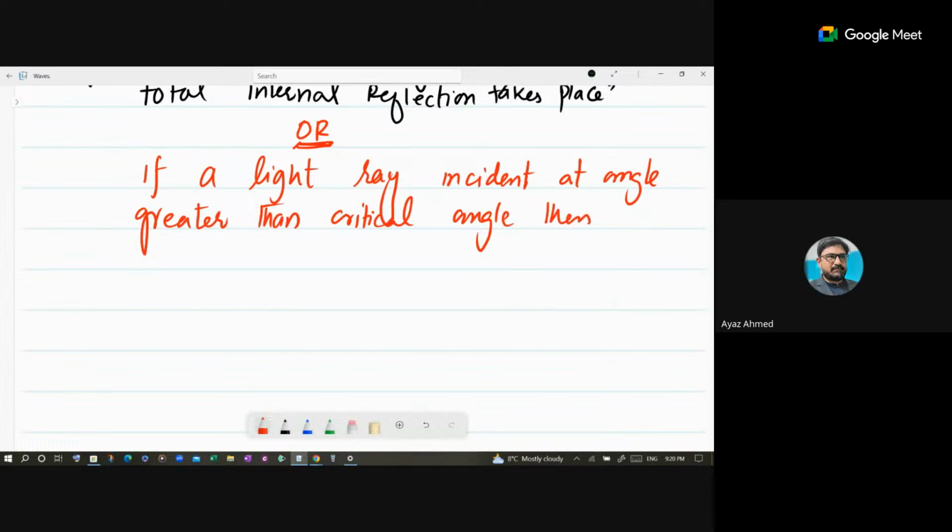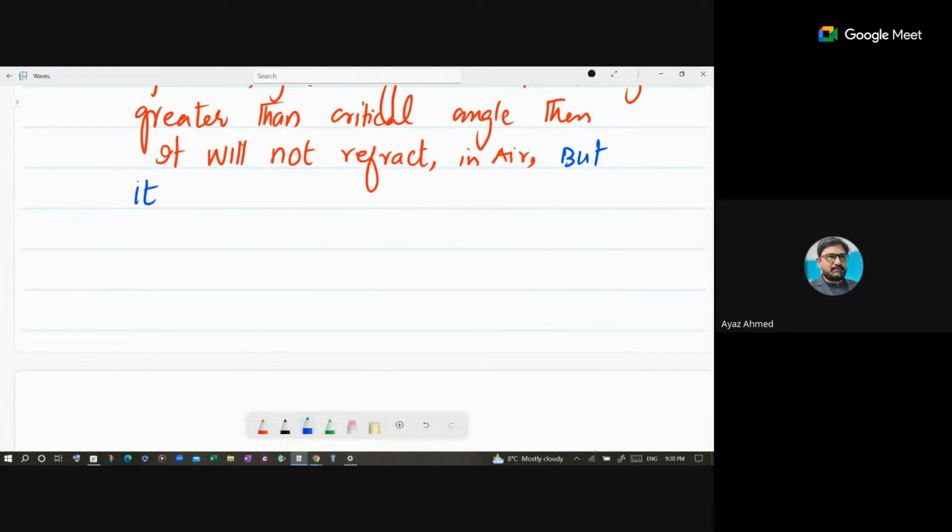Then it will not refract in air, but it will come back to the glass, or it will come back in the denser medium. Are you getting this thing?